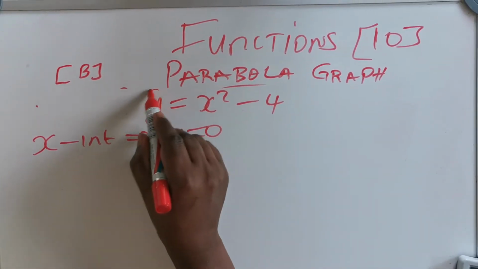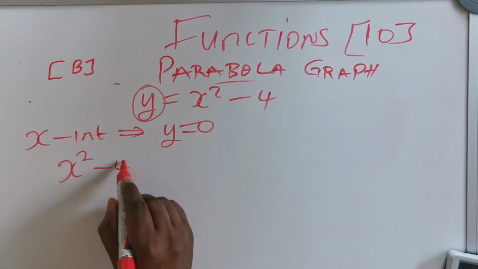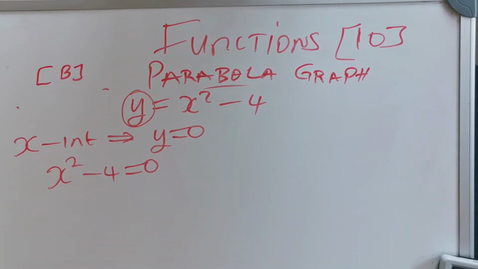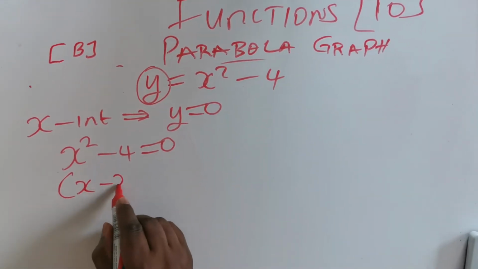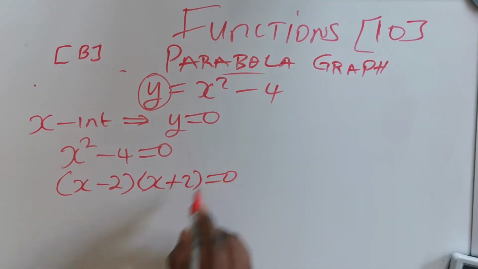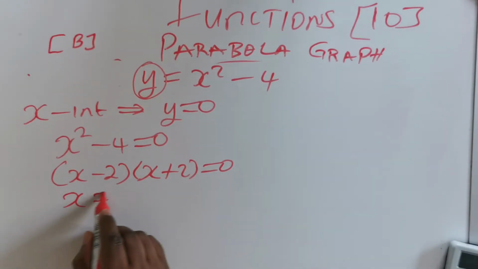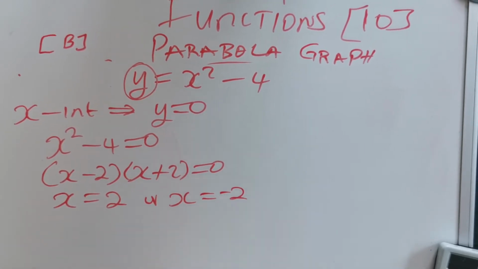So we put 0 for y, which means x squared minus 4 equals 0. And you factorize this. This is a difference of two squares. So this will be x minus 2 and x plus 2 equal to 0, which means your x is positive 2 or your x is negative 2.